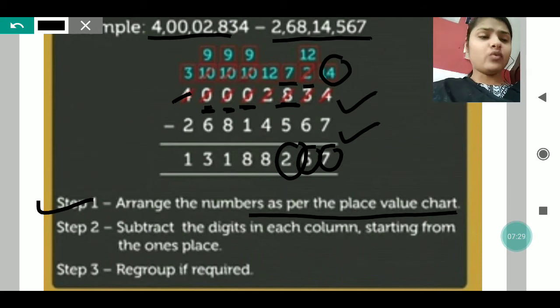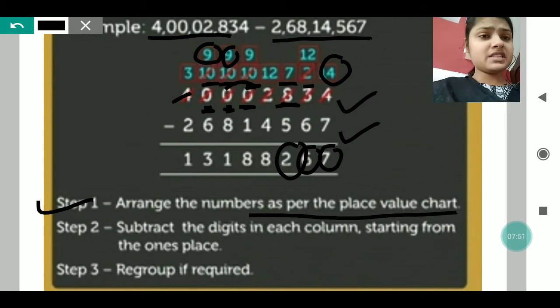If 4 gives 1 to this 0, it will become 10. If this 10 gives 1 to the lakh, it will become 10 and the one written there will become 9. Now again this will give 1 to this 0, then it will become 9 and there it is becoming 10.